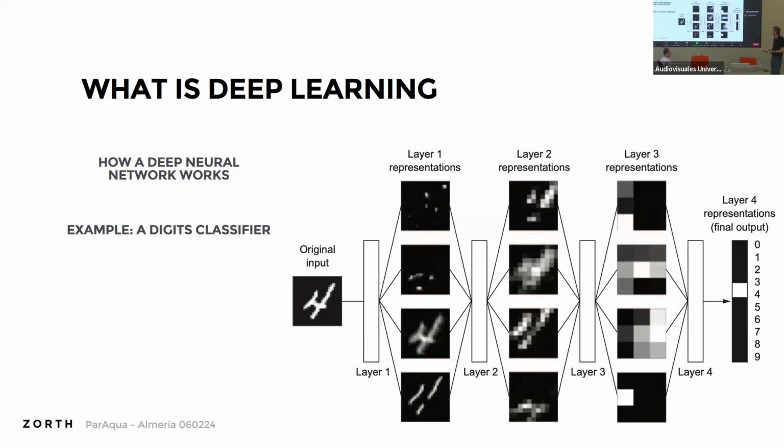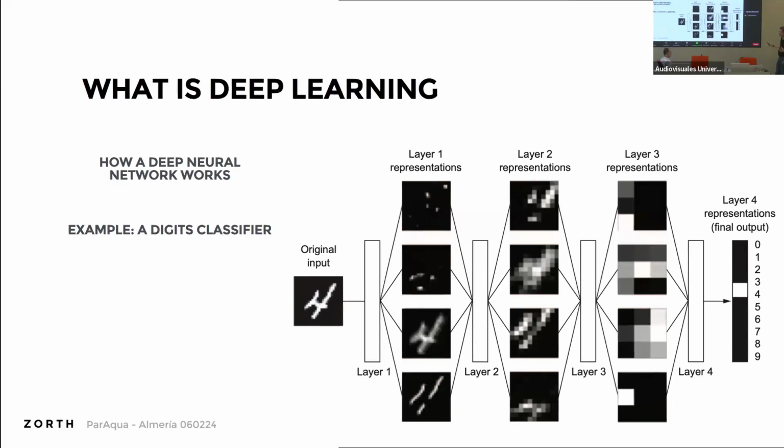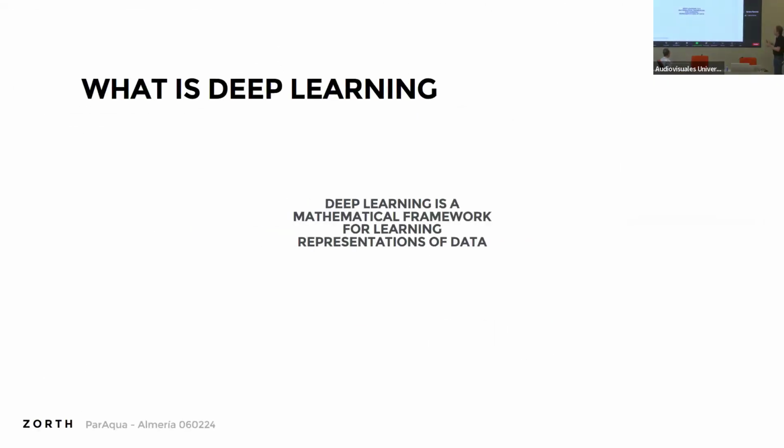So this is what deep learning is. Basically, that's a set of abstracted layers, and that's a mathematical framework where you're reducing the problem into subsets that are able to learn the representation of the data.